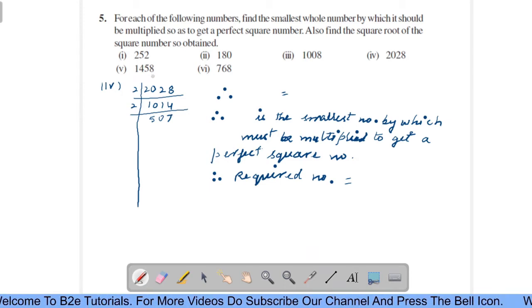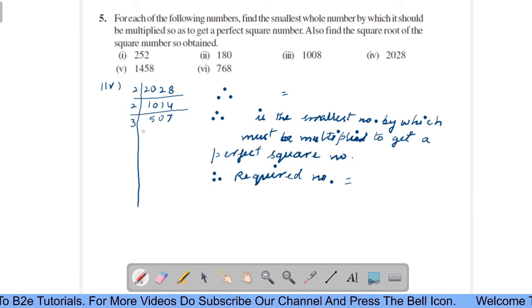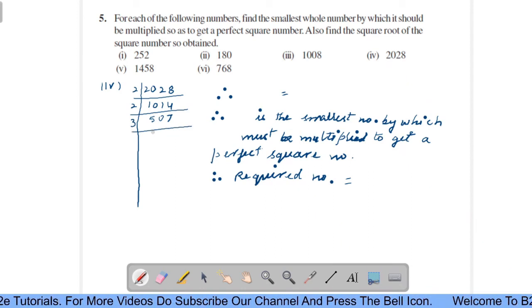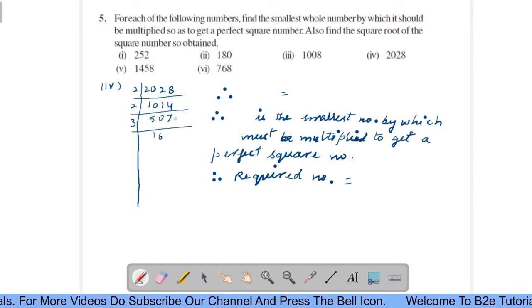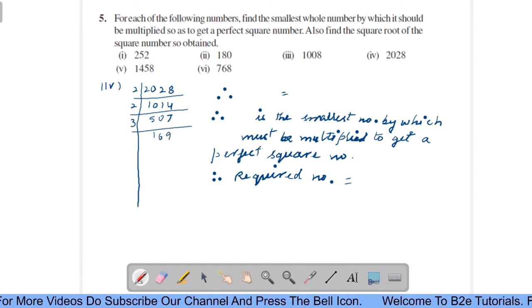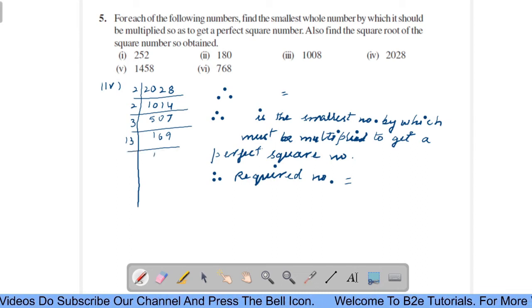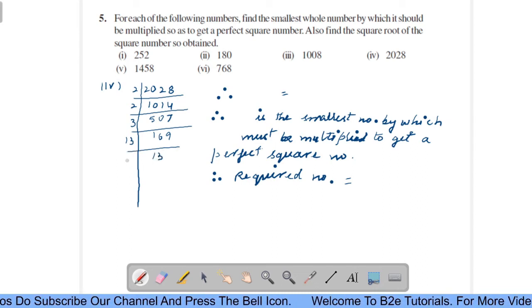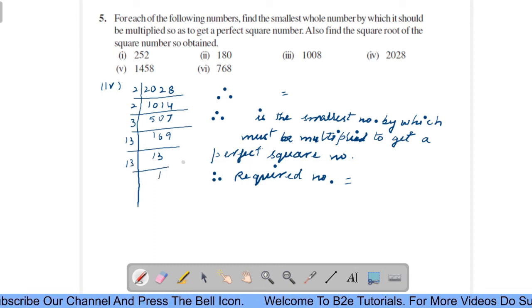Then by 3, 3 1 is 3, 3 6 is 18 and 3 9 is 27. Then by 13, 13 13 is 169. Again by 13, you will get 1.